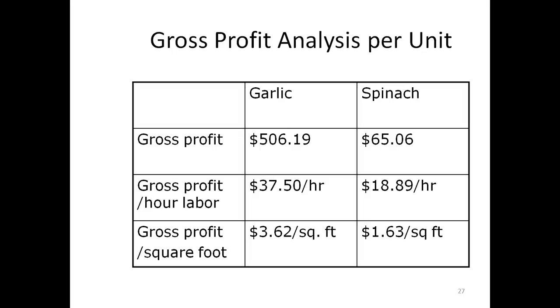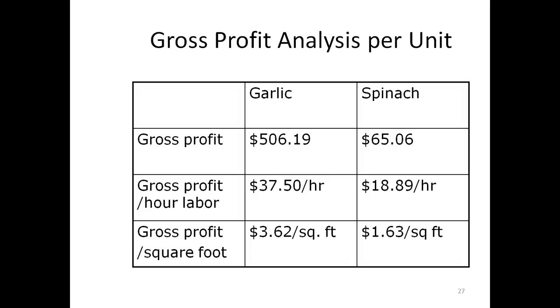We can do that, and this is where your labor comes in, keeping track of what Diane talked about, how important it is to keep track of how much time you spend on the garlic or the spinach. When you know that, you can say, okay, Diane's example spent 13.5 hours on the garlic.